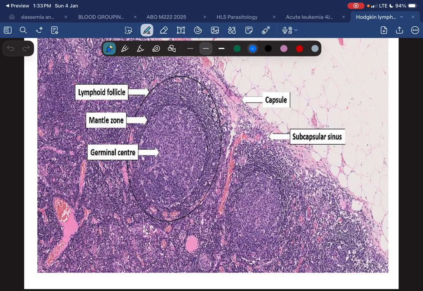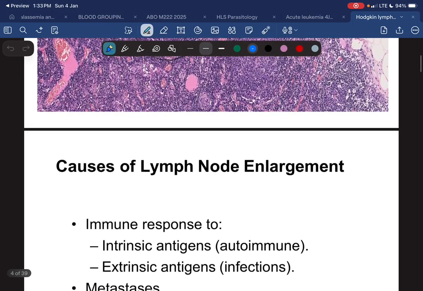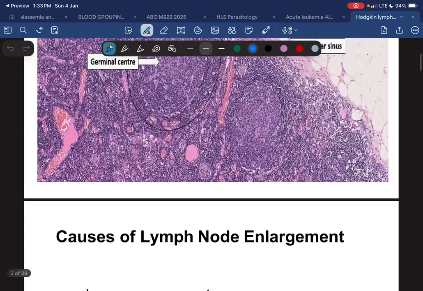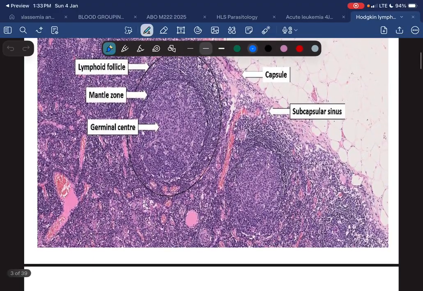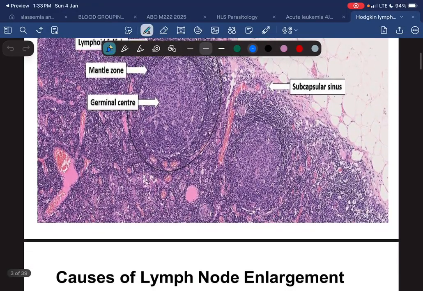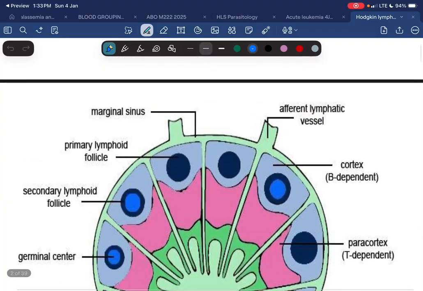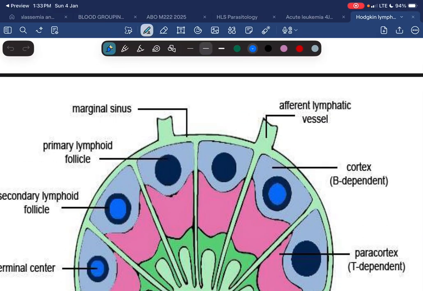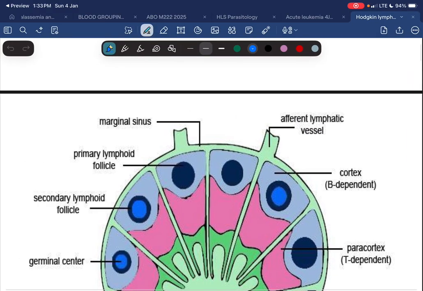Sometimes if you look at a lymph node, certain lymphomas may look a little bit preserved, but when we do stains to identify the type of cells, we will see malignant lymphatic cells infiltrating and disrupting the normal architecture.